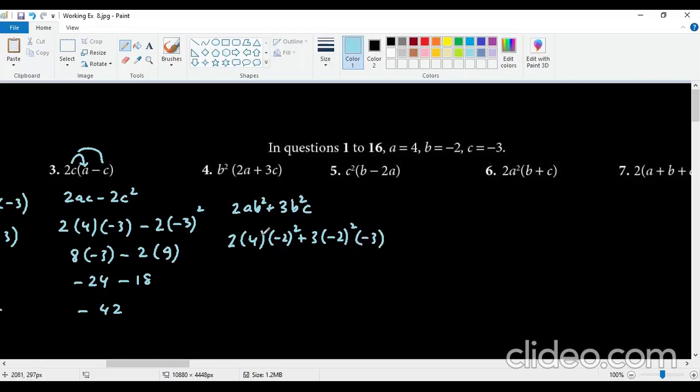So first I'm simplifying and then evaluating by putting the values. 2 times 4 gives you an 8. -2 square is going to give you a 4, plus 3 times -2 square is going to give you a 4 again, multiplied by -3. So 8 times 4 is going to give you 32, plus 3 times 4 is 12, multiplied by -3. So 32 plus 36, minus 36 instead. 32 minus 36 is going to give you -4 as an answer.